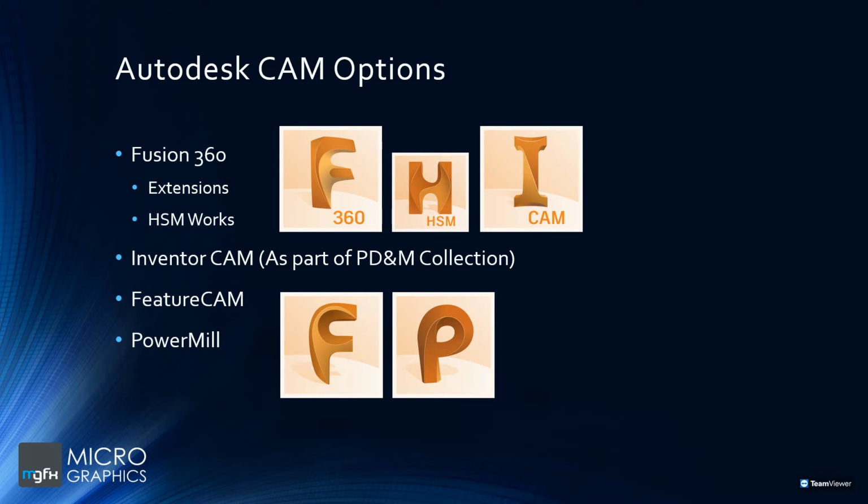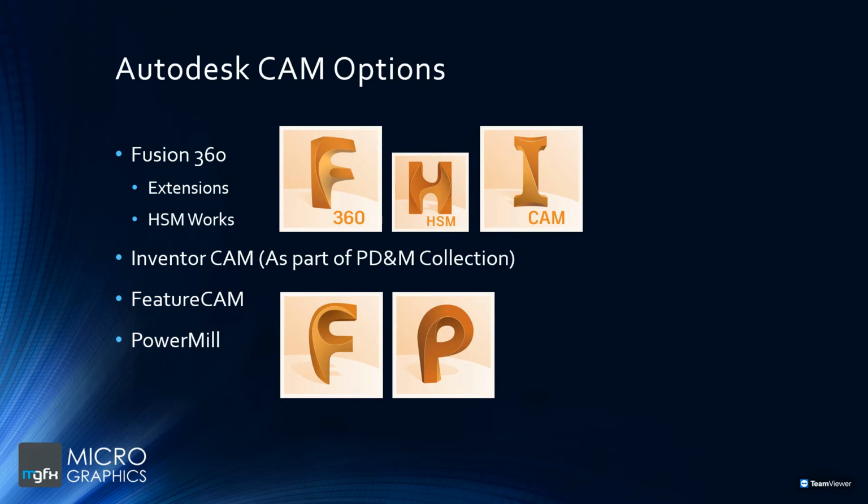The solutions on offer from Autodesk that we'll be looking at today are Fusion 360, which is a CAD-CAM package that can be purchased with or without the manufacturing extensions. Your purchase of Fusion 360 also includes HSMworks for SolidWorks. So if you're a SolidWorks user looking for an Autodesk CAM solution, you would need to purchase Fusion 360 to get HSMworks.